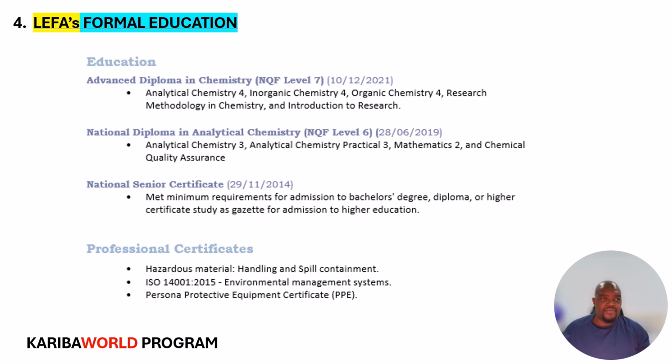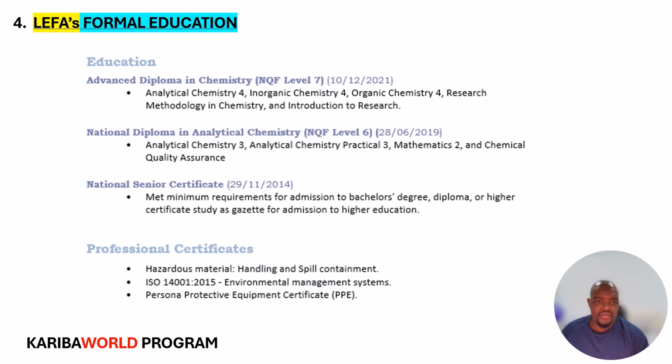In terms of the next section, education-wise, he has an advanced diploma in chemistry, tick, but there's no name of institution. Year acquired, I assume it will be this, but I prefer it to be clear. He must say date of graduation.